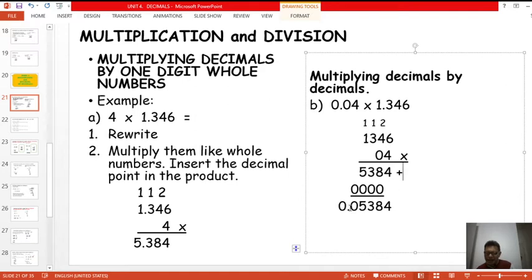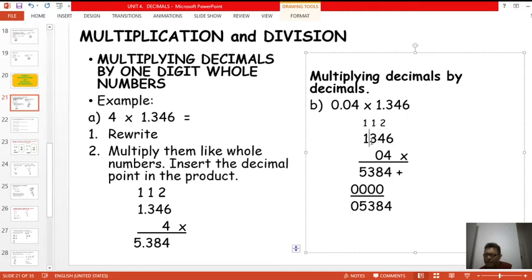Actually, remember we have to imagine that there are whole numbers there. I just took it out. So what we do now, remember how many decimal places did we move in this problem? 5, right?